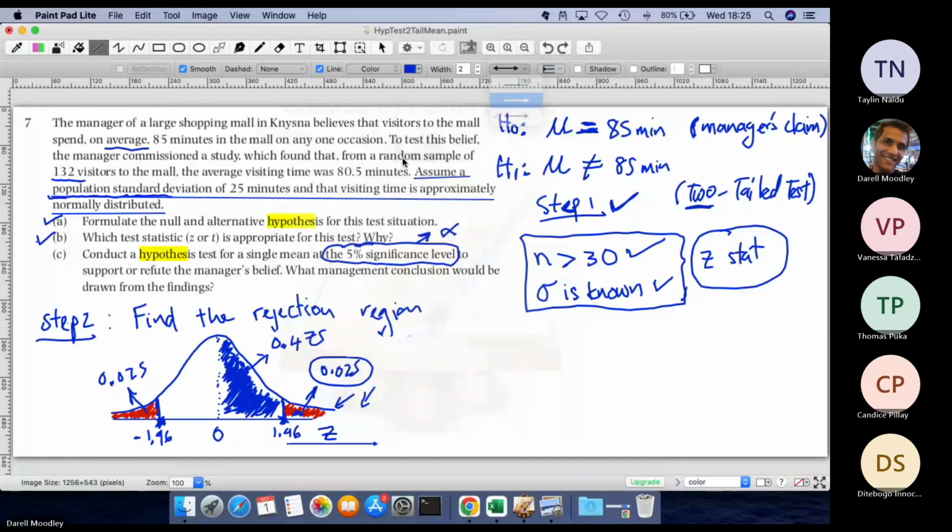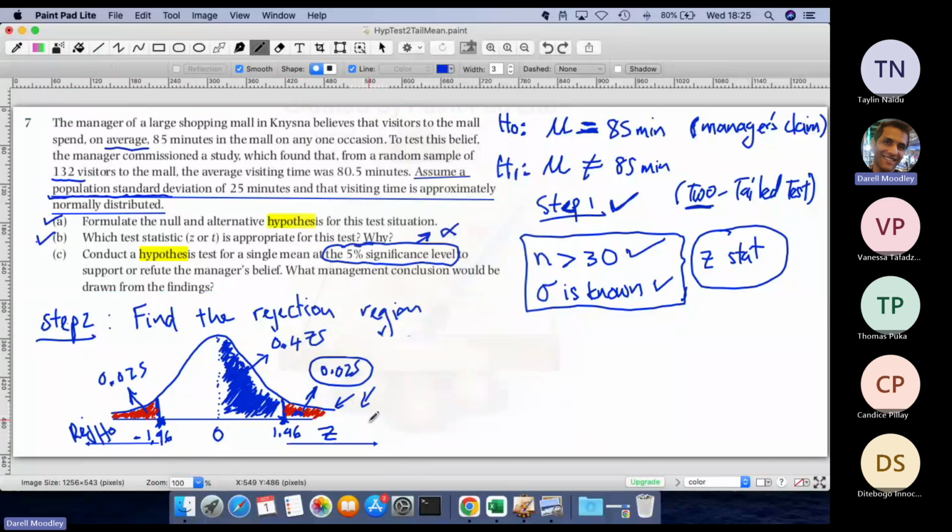Here, anything on the left of negative 1.96, that means it's lying in that red region. I'm going to reject H0 there as well. In other words, anything in this red region, I reject H0. Anything in the red region on this side, I'm going to reject H0. And anything in between, that's where I accept H0. So I'm going to put a green line here.